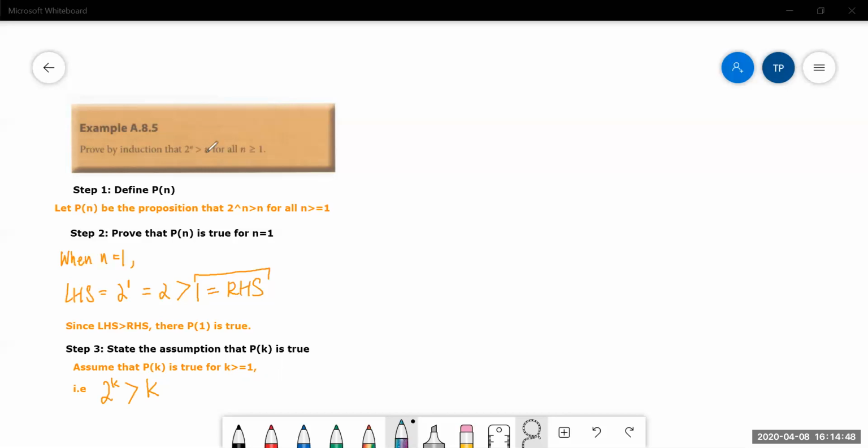Then step 4. So what is step 4? Prove that Pk plus 1 is true using the assumption for Pk.